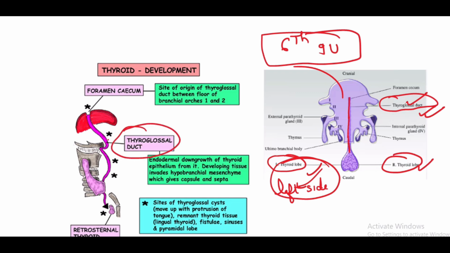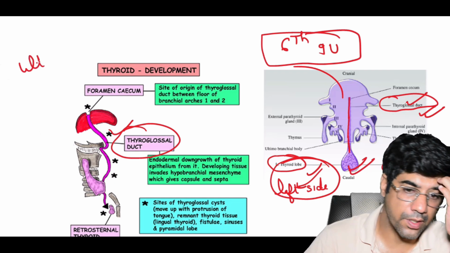As the thyroid diverticulum elongates, it forms the thyroglossal duct. So this duct enlarges to form the thyroid. This duct will elongate downward, passing in front of the developing hyoid bone and thyroid cartilage.